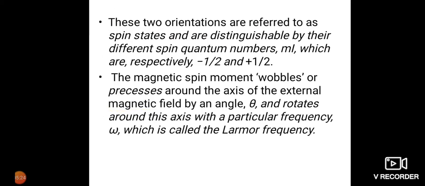This alignment or orientation refers to the spin states of that magnet; it can have minus half or plus half spin.